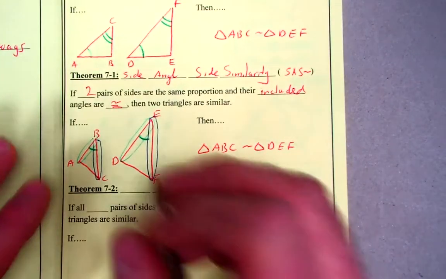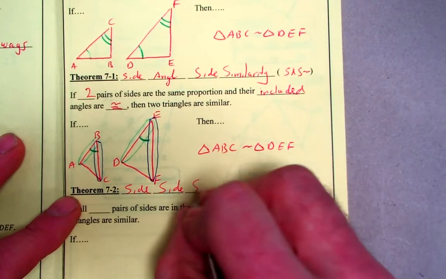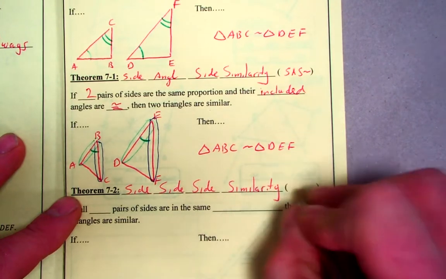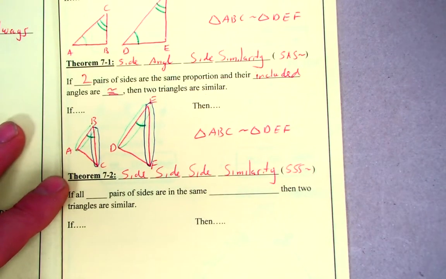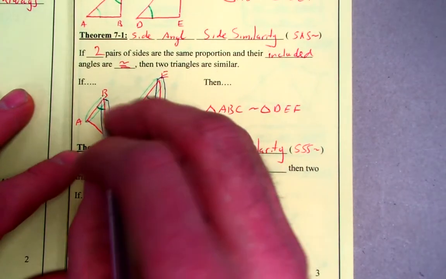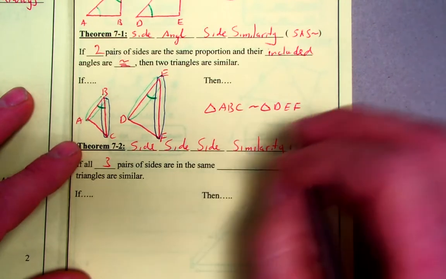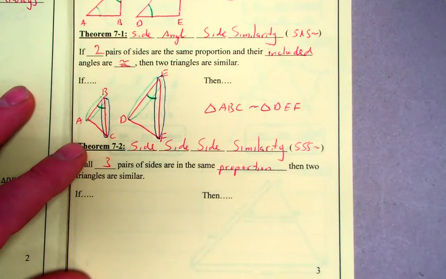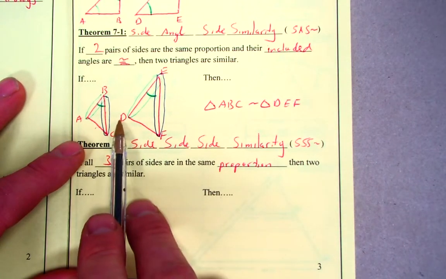All right, and the last one is side, side, side. This time, if all three pairs of sides are in the same proportion, then the two triangles are similar. Okay, I'll just use this same diagram from above and we'll write the proportions.